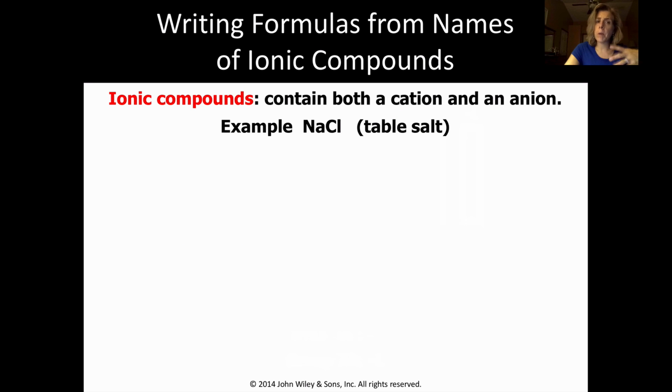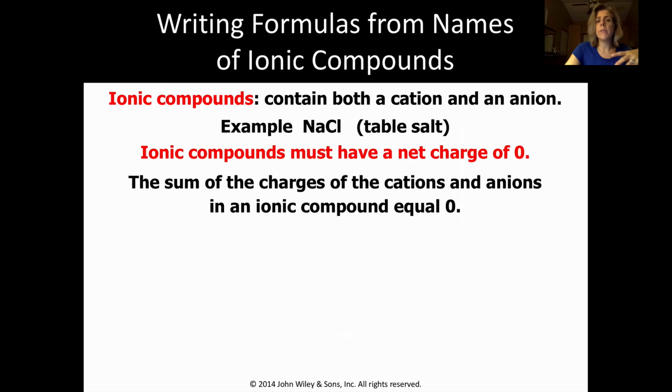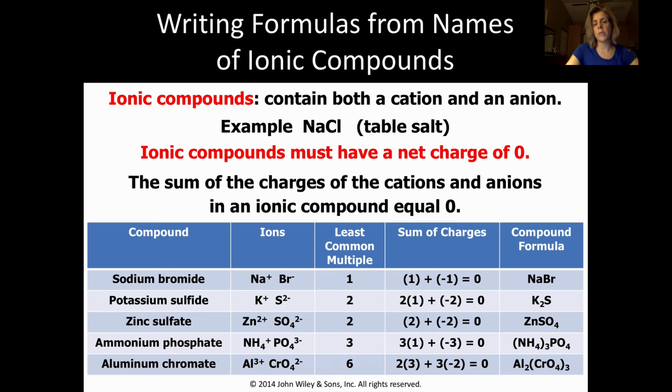Okay, so when we write the formulas, we want to have an overall charge of 0. So what happens is we combine the charge of the cation and the anion together. They will form a charge of 0. So we do a little math. If a cation has a 1 plus charge and the anion has a 1 minus charge, together they have a 0 charge. Notice that we just have one of each.